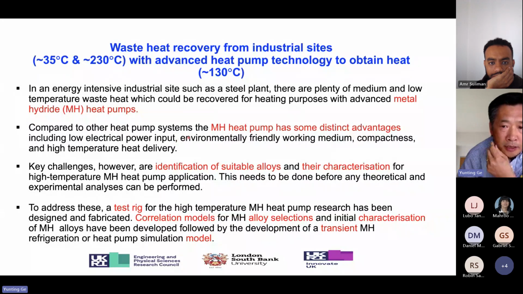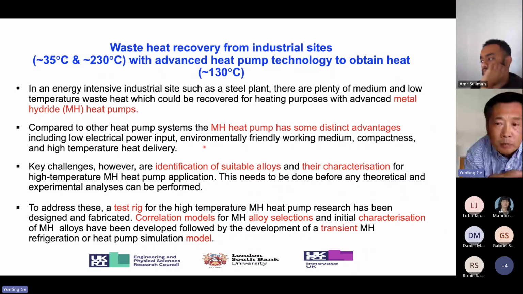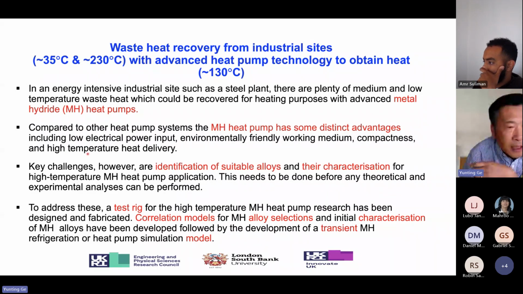One reason is that they use thermal energy as the heat energy input, and they use an environmentally friendly working fluid, hydrogen. The system is more compact compared to the absorption heat pump system. And more importantly, it can have a larger temperature range for the heat output.